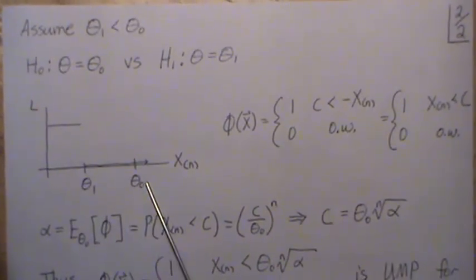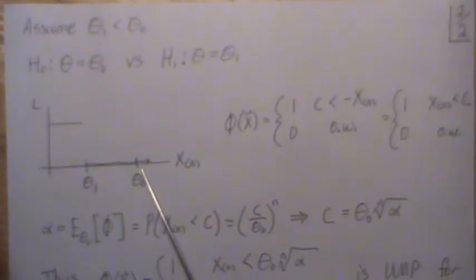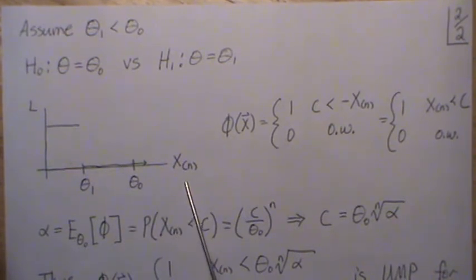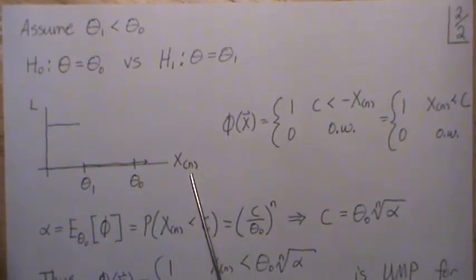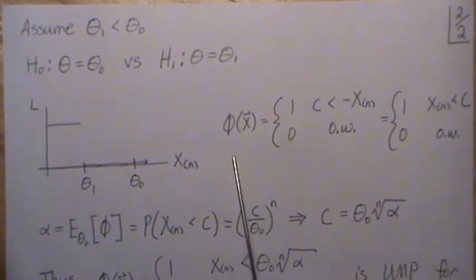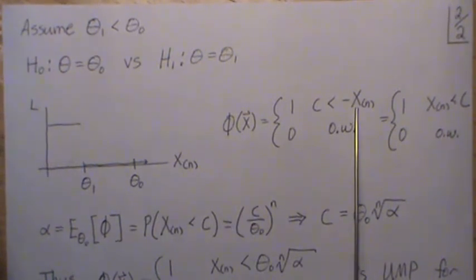So this is a non-increasing function, and somehow my mind still likes to call it a decreasing function, which says to make it an increasing function in this statistic xn, we take its negative. And then if we think of the likelihood as a function of this negative value, then it's actually increasing.